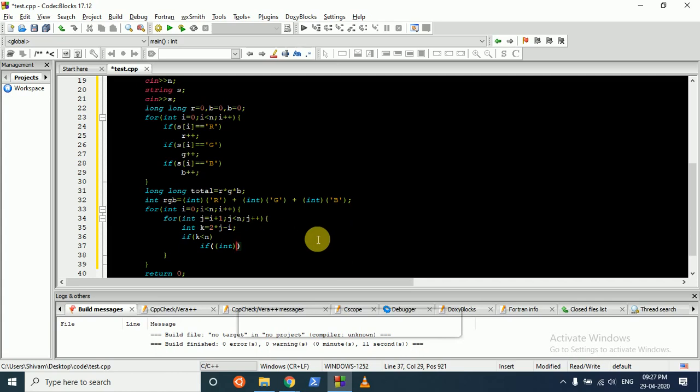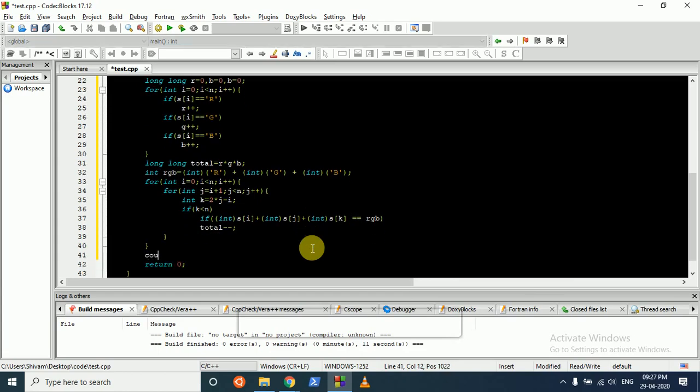So what we can do is we can again do the sum of the ith character, the jth character and the kth character because it's in bound, and if it's equal to RGB we will do a total minus minus.